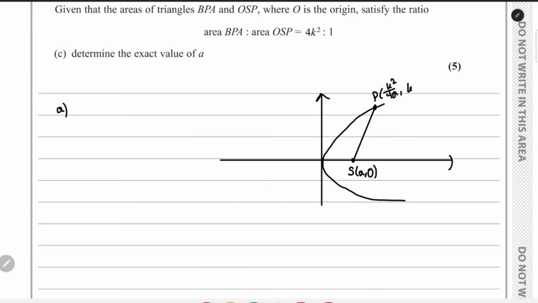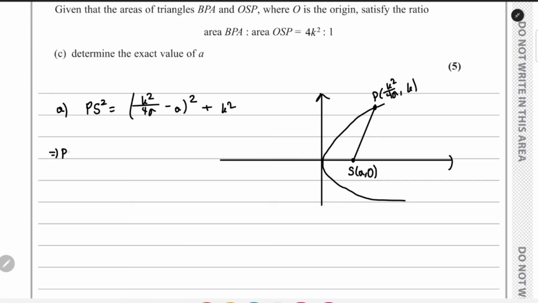We have to find the length of this black line over here. We have PS square. This will be equal to (k square by 4a minus a) whole square plus k whole square.